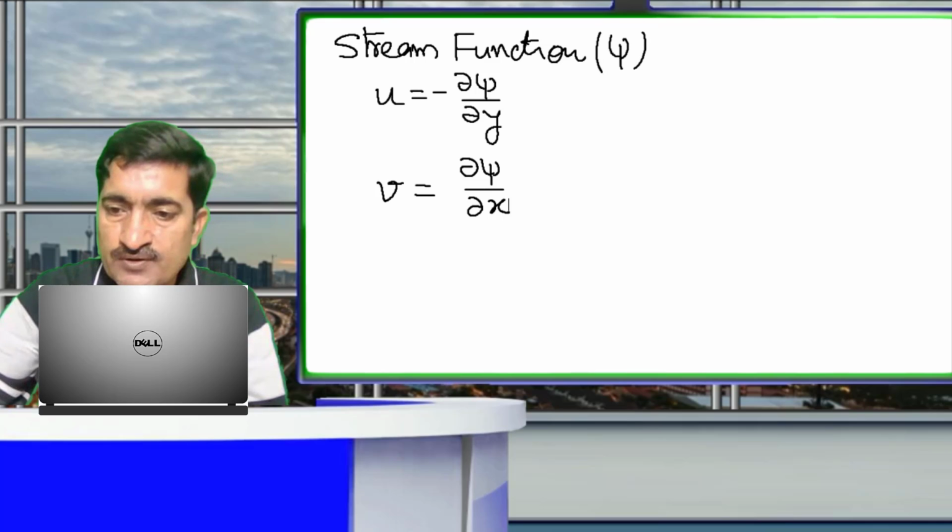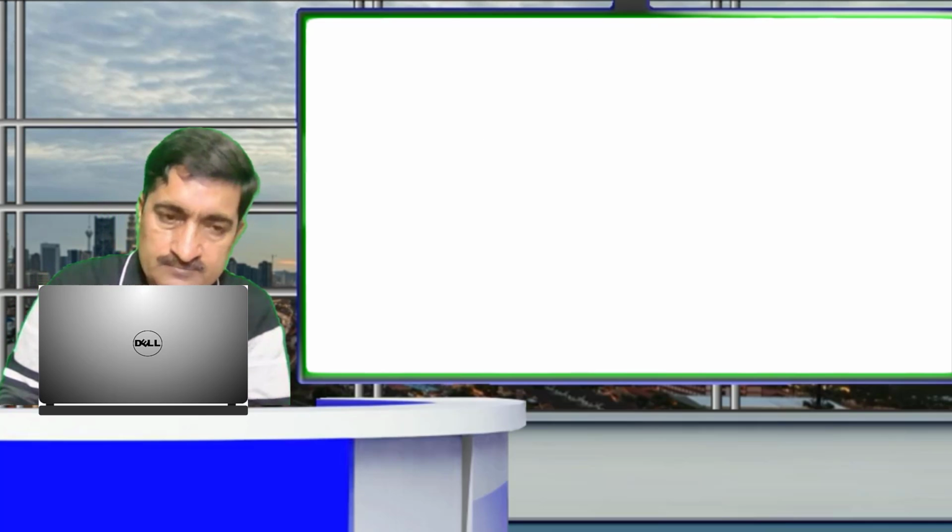The next is velocity potential function.